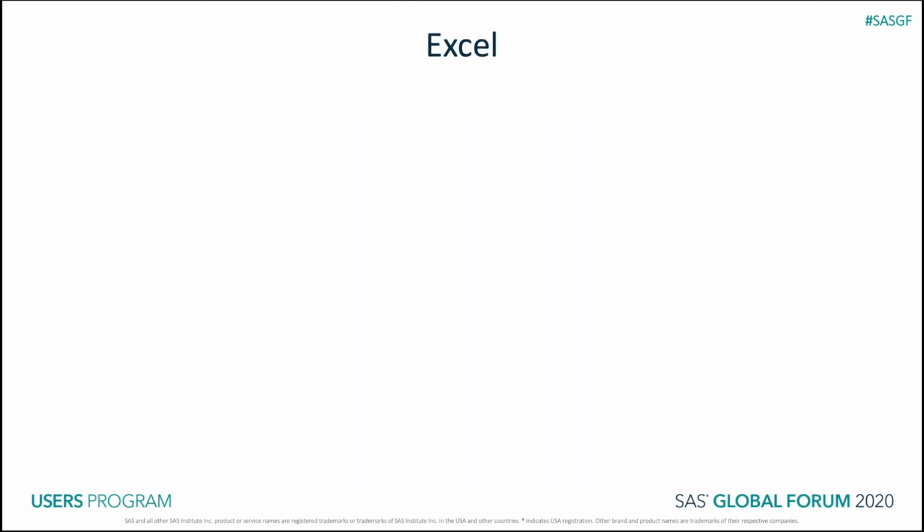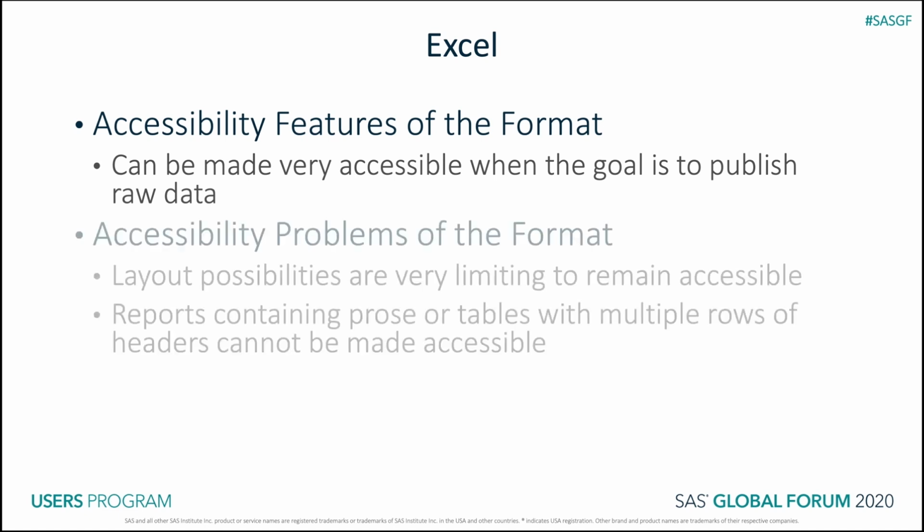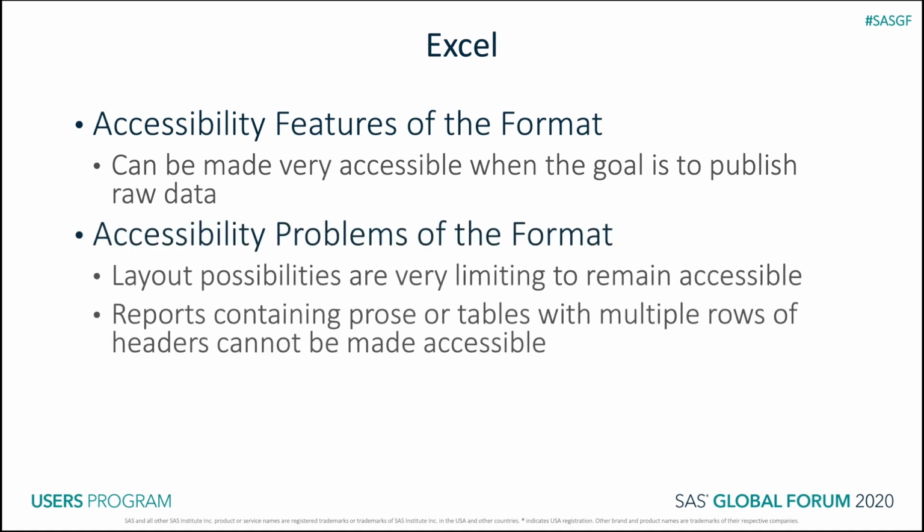Let's look at one other format. Let's look at Microsoft Excel. Excel documents can be made very accessible when your goal is to simply publish raw data. Some of the problems with trying to publish to Excel is that the layout possibilities are pretty limited. If you need to have a bunch of graphs and a bunch of prose and a bunch of other things like that, you can quickly run into problems trying to make that accessible.